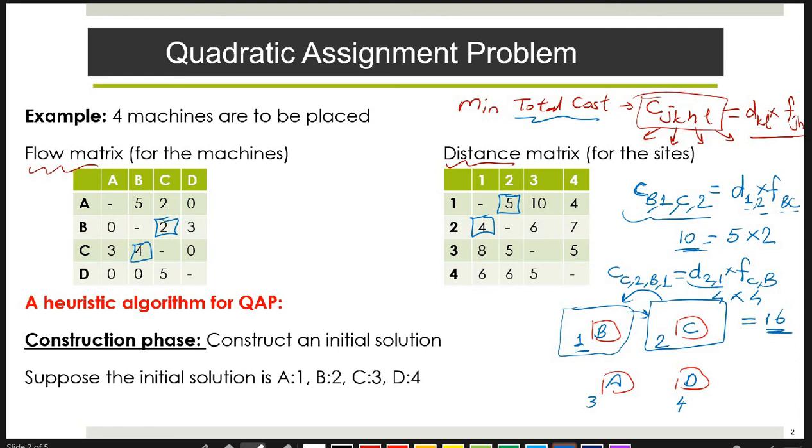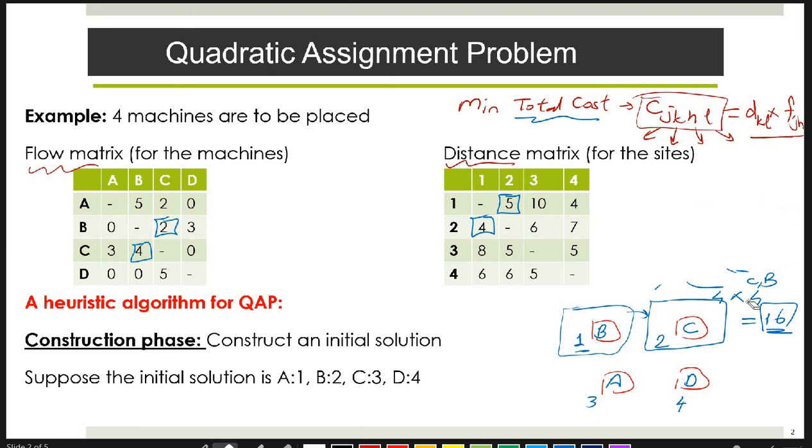And in order to calculate the total cost, I need to calculate all these costs and add them up. Okay, so let's do this. Let me just clean up some space here and try to illustrate how we calculate these costs. For the first one, let's start from candidate site 1.